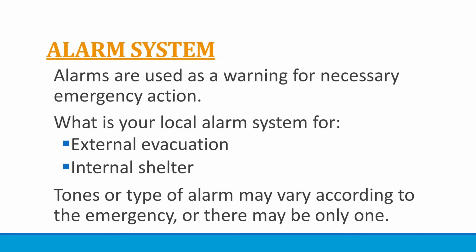Alarm systems. Alarms are used for communication, right? And we've talked about that a little bit already. You may have a fancy alarm system. You may not have a fancy alarm system. What's important is that whether it comes over the intercom, you understand what you are being signaled to do. For fire, you do one thing. If it's an active shooter situation, you do another.